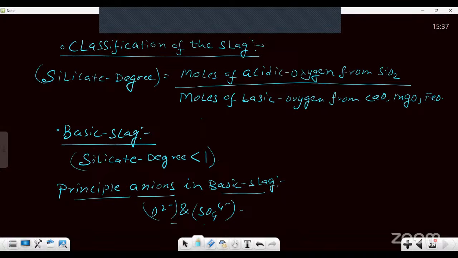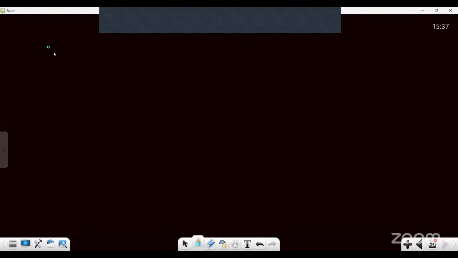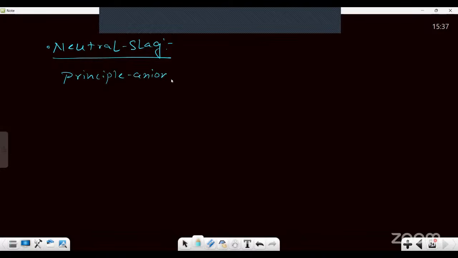These are the principal anions in the basic slag. Okay. If I am talking about neutral slag, the silicate degree is exactly equal to 1, and the principal anion is SiO4 4 minus.